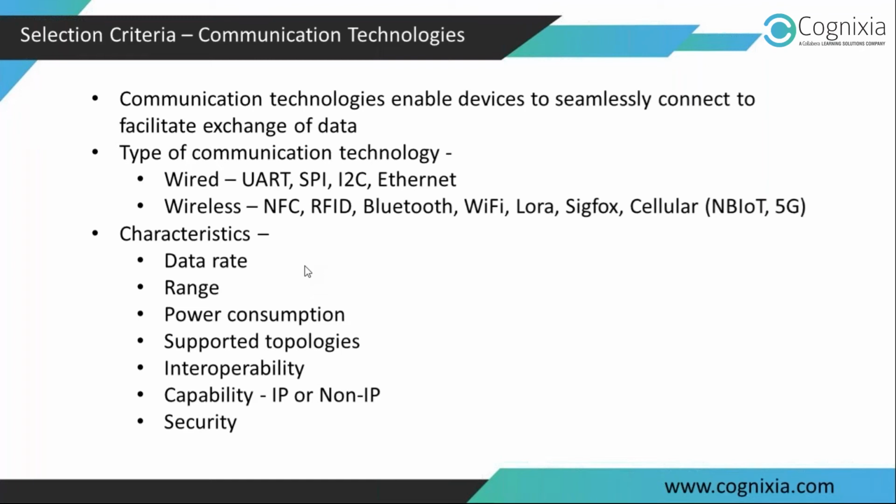You will have to think about and take into account the range or coverage being offered by your technology. Power consumption is also important because the transceivers which are going to be embedded in your devices consume lots of power.